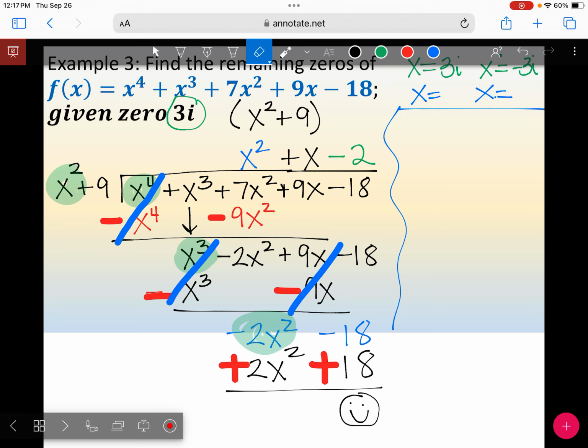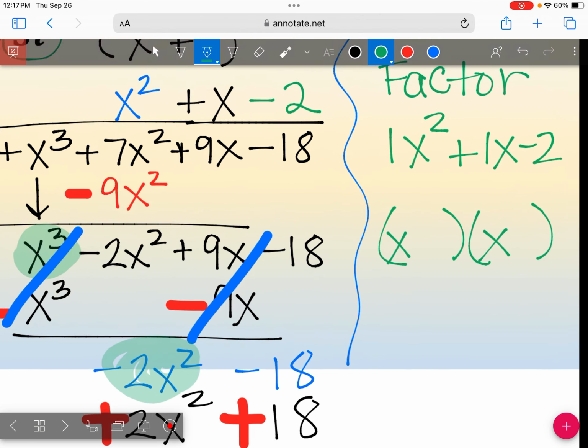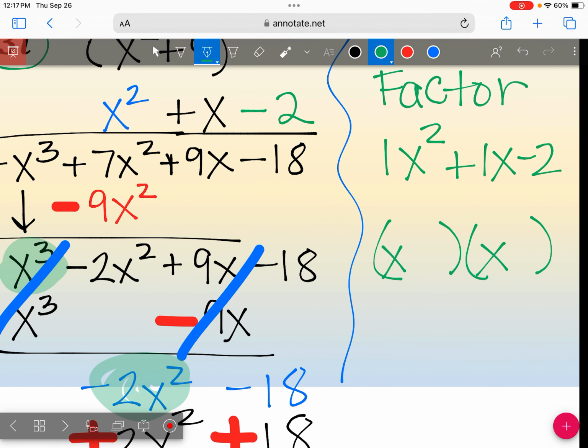Okay, so we got 1x squared. So we got to factor this down to get our last two solutions. So I would need two numbers that multiply to be negative 2, but add to 1. What numbers multiply to give you negative 2, but add to 1? 2 and negative 1.